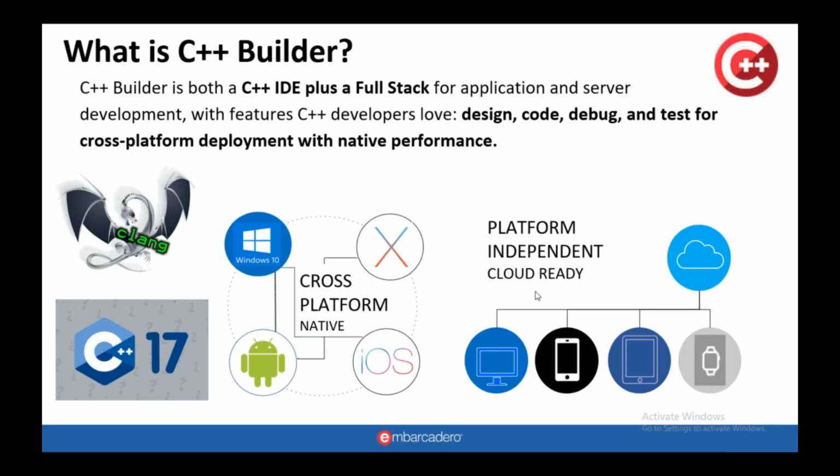And for platform independent and cloud ready, C++ Builder is a rapid C++ cross-platform application development toolset for native Windows, Mac, Android, and iOS development with broad cloud and IoT support.